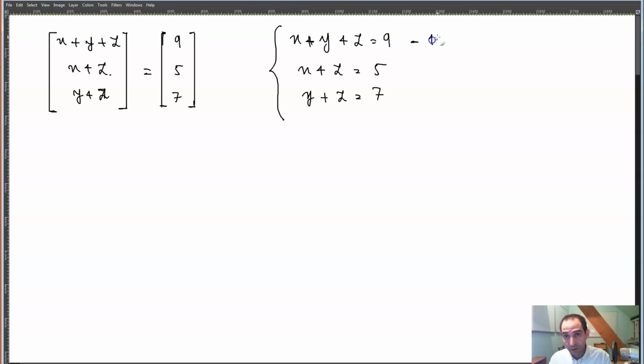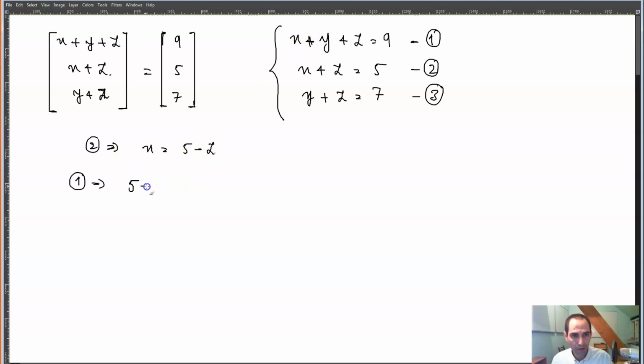Now if I call these, for example, 1, 2, and 3, I can take 2 and write x is equal to 5 minus z, right? And then put this in 1. So in 1, instead of x I write 5 minus z.